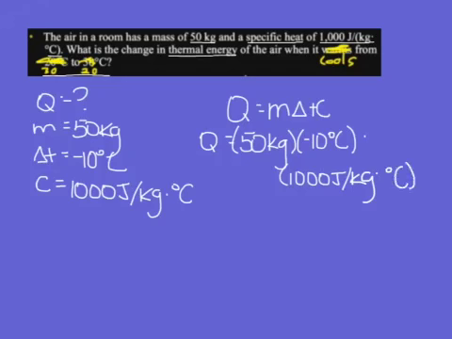There we go. Now we're going to multiply all of them together, and we get negative 500,000.